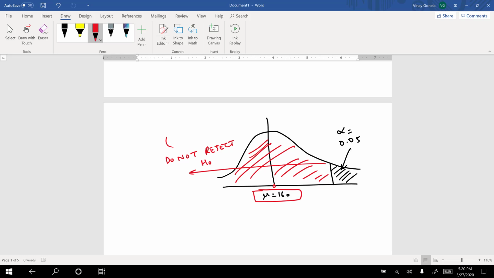In other words, your H null is true. That means the president's claim of mu less than or equal to 160 is true. So this was your H null.